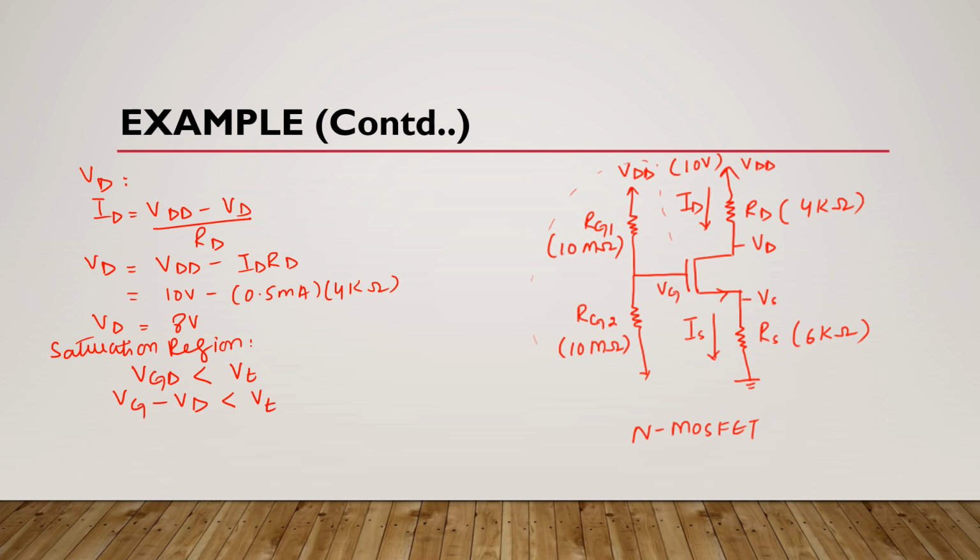Here this gate voltage is 5 volts, drain voltage is 8 volts, and threshold voltage is 1 volt, and here we have minus 3 volts which is less than 1 volt. As you can see here, this condition of saturation region is satisfied.